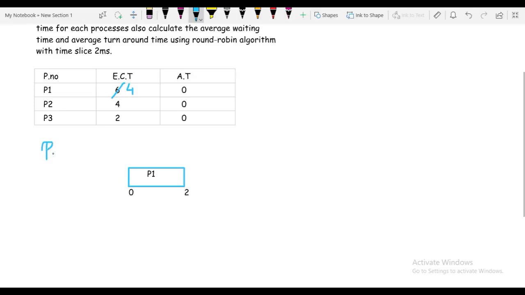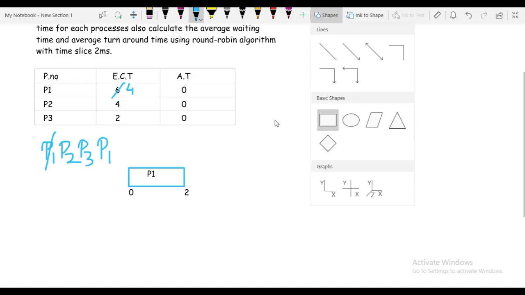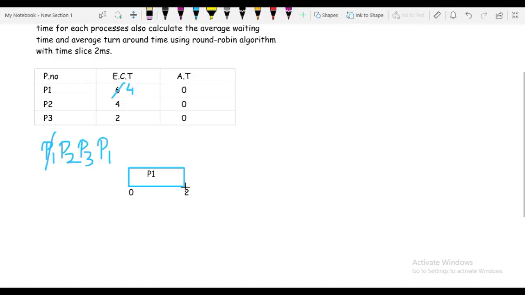The order is P1, P2, P3, and we have run P1 already. But it still has 4 burst time left, so it will stand in the queue with P3 at last.